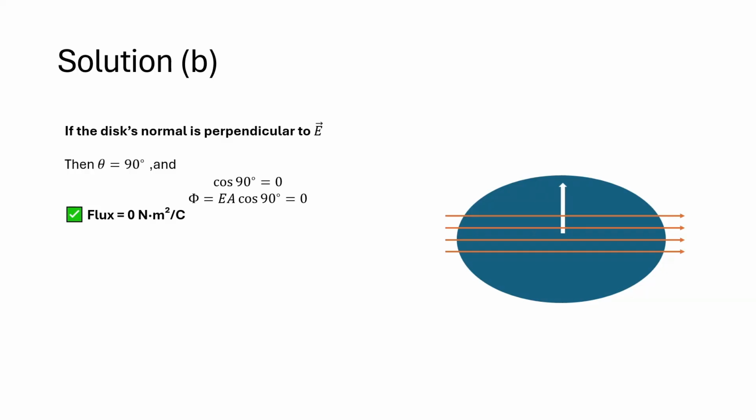In this case, the angle is equal to 90 degrees. If we compute it mathematically, cosine 90 degrees is equal to 0. Any number that is multiplied by 0 will be equal to 0 as well. So that is why in condition B, the electric flux is equal to 0.